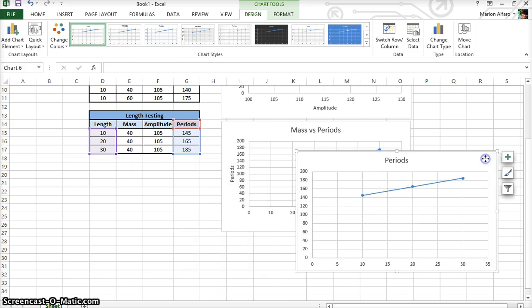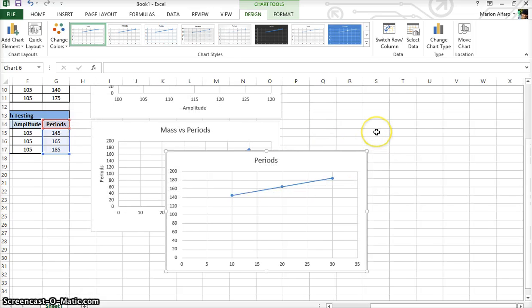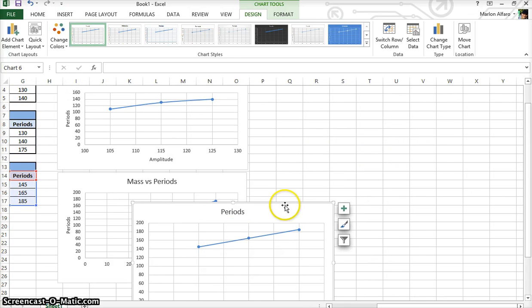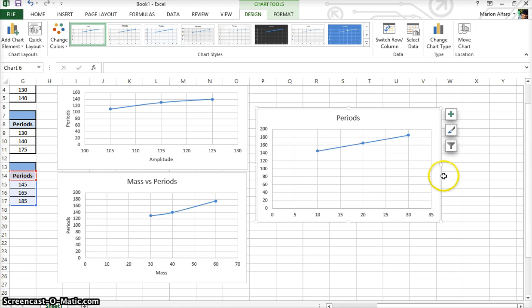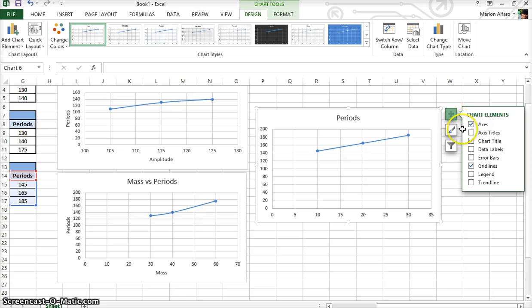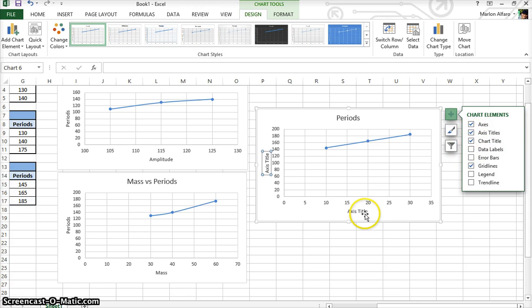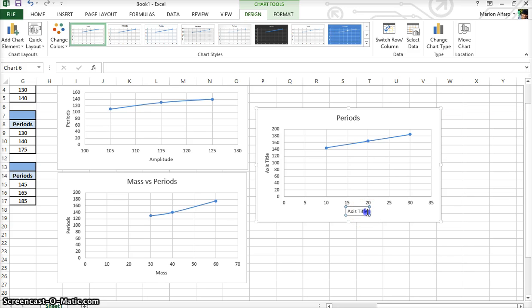Actually, let me drag it on this side so I could have all my graphs in the same place. And again, you could have fun with this and customize it as you want. You could put a color background. You can change the color of the line to make it presentable. Remember to label your axis.